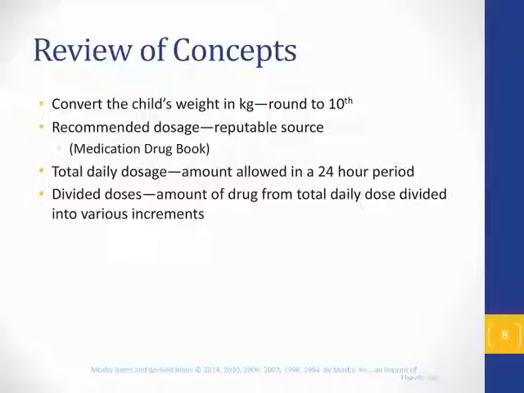If you're looking at the total daily dosage, the amount that needs to be delivered in a 24-hour period, then you'll need to see, does that dose need to be divided? And then how many doses are to be delivered throughout that 24-hour period? Whatever that is, you're going to divide that. And we talked a little bit about that in the oral medication podcast.